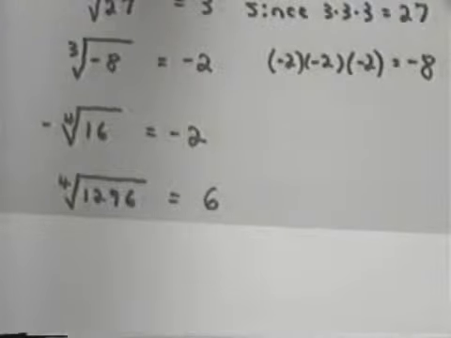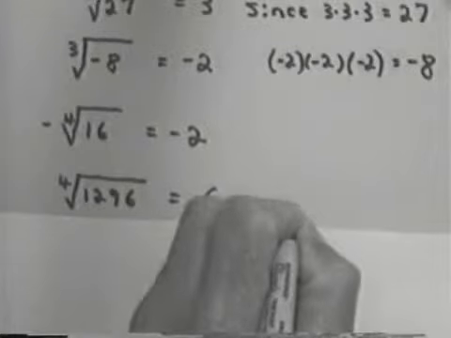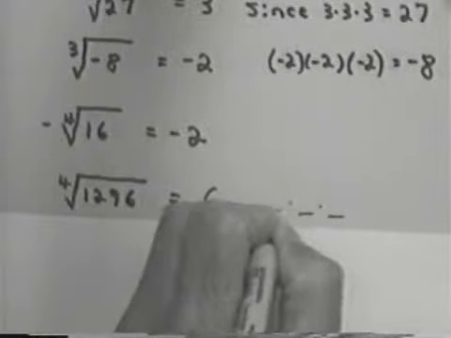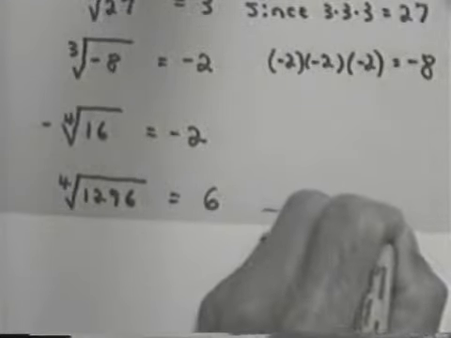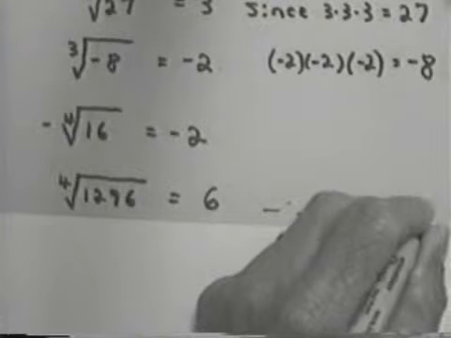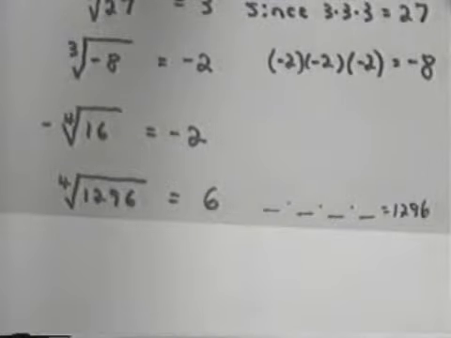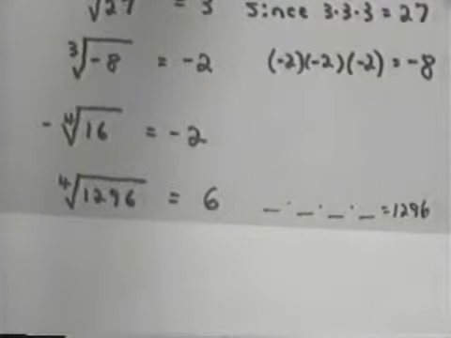Well, what's the fourth root of 1296? One needs to find something which used as a factor 4 times will give 1296. But the only way of doing that is by guessing.